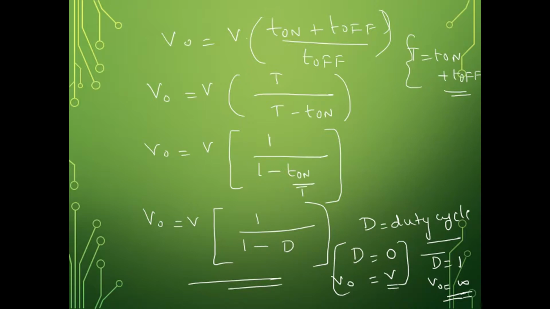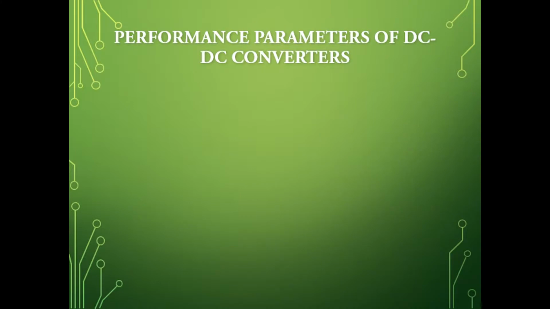Next, coming to the performance parameters of DC to DC converters. Both the input as well as the output voltage of a DC to DC converter are DC. It produces a fixed or variable DC from a fixed DC.